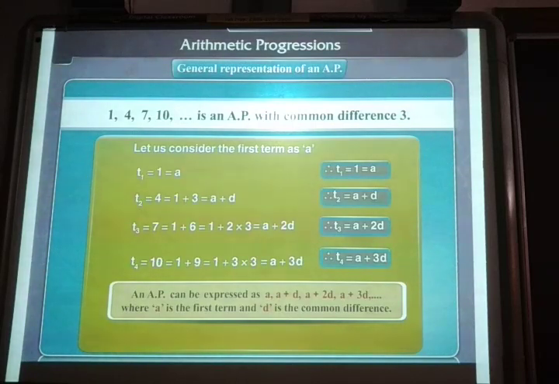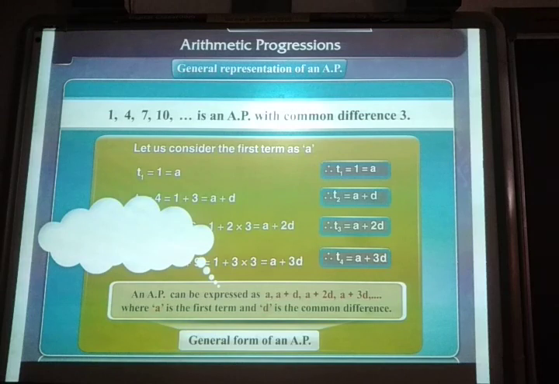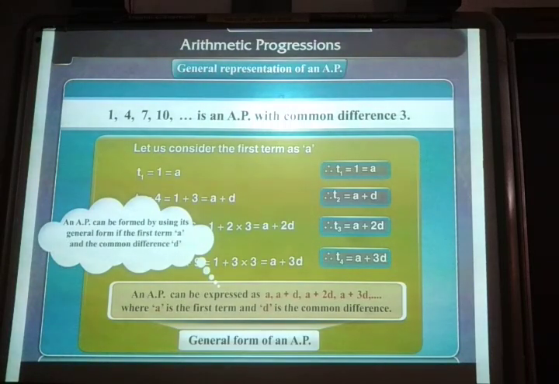This is known as the general form of an AP. Hence, an AP can be formed by using its general form if the first term A and common difference D is given.